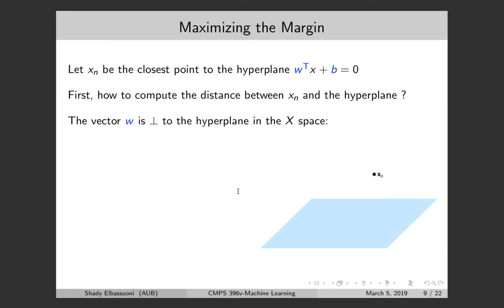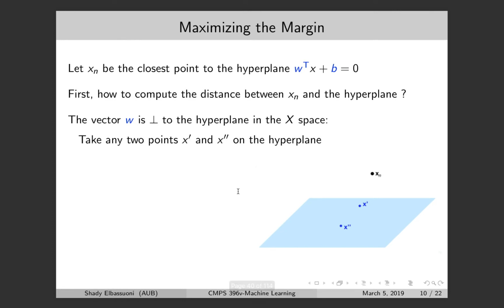First remark we're going to make is that the vector w is perpendicular to the hyperplane in the x space. How is that the case? Take any two points x dash and x double dash on the hyperplane. Since they are on the hyperplane, they satisfy the equation of the hyperplane. So w transpose x dash plus b is equal to 0, and w transpose x double dash plus b is equal to 0.